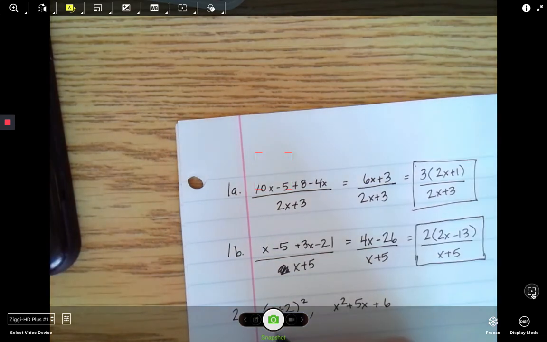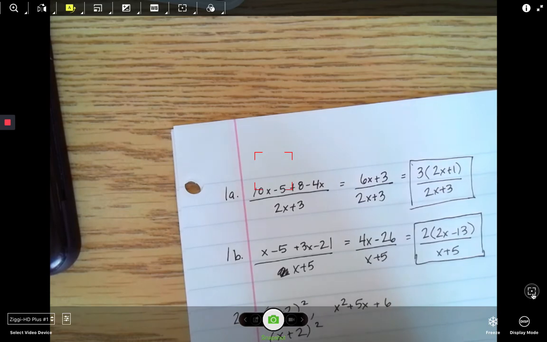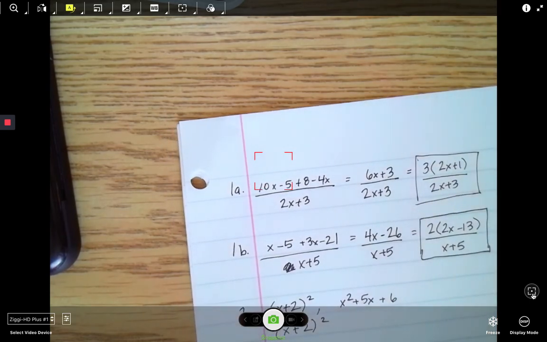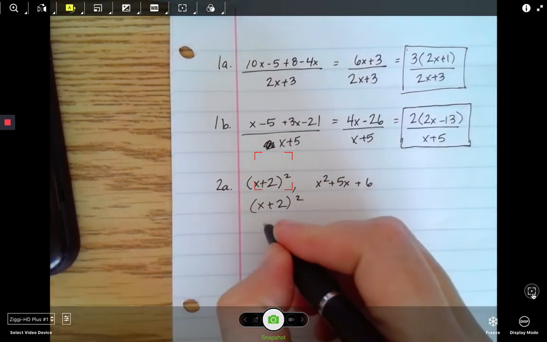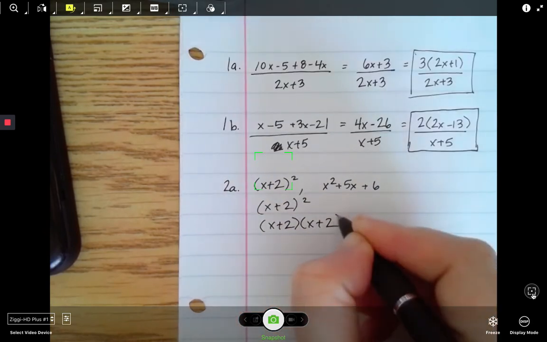So let's think about this. If I've got x plus 2 squared, what does that really tell me? It's multiplied how many times? Twice. So it would be x plus 2 times x plus 2, right?